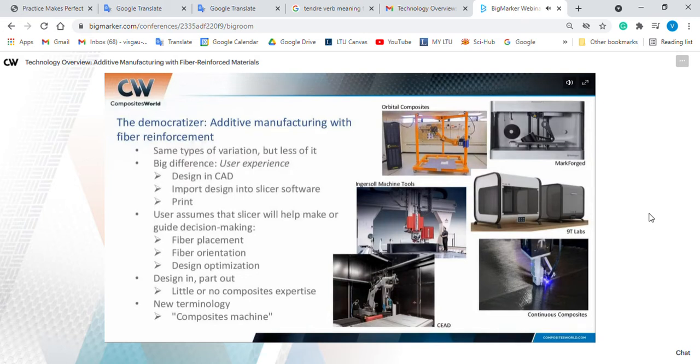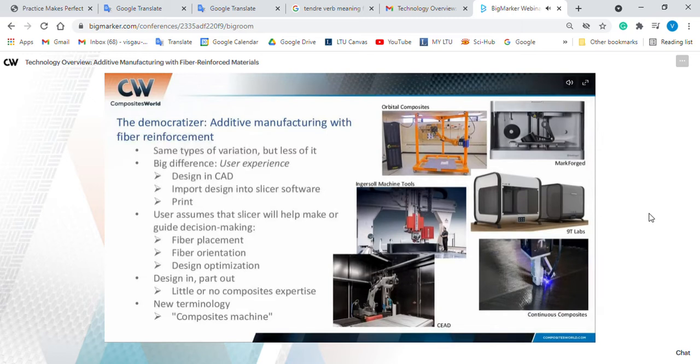But the big difference here is that these additive systems are taking over a lot of that expertise that we normally would expect in composites manufacturing. And that box, that software and that manufacturing system, that additive manufacturing system, are taking over a lot of the computation and optimization that we might normally do manually or with the assistance of software and other systems.